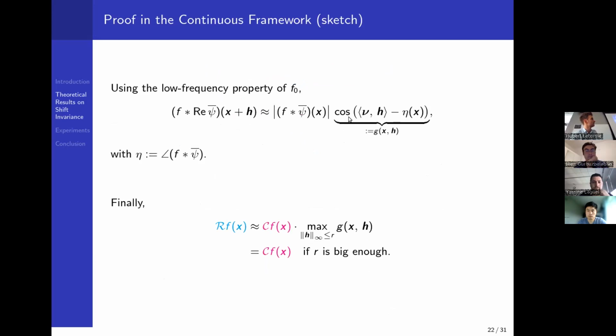It's a cosine value. It depends on the characteristic frequency of the filter. So we evaluate G on a window. So h are the different vectors belonging to this window, and eta is the phase of f convoluted with psi. Okay. Got it.